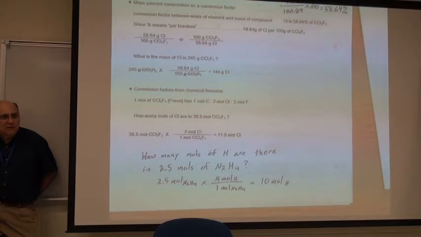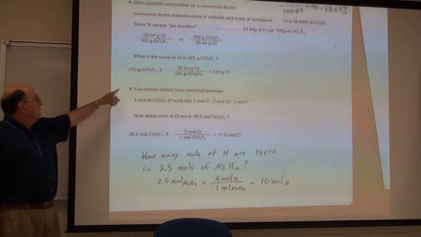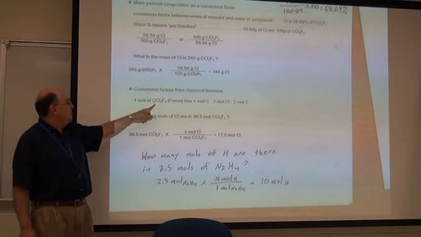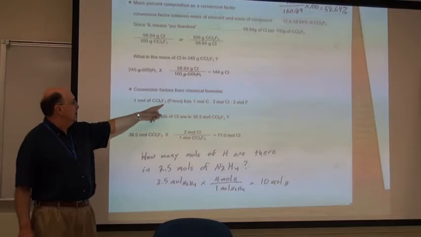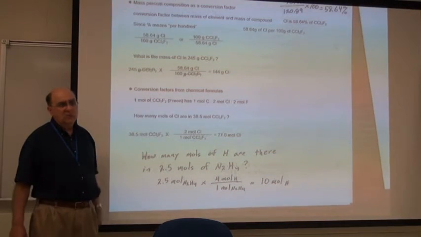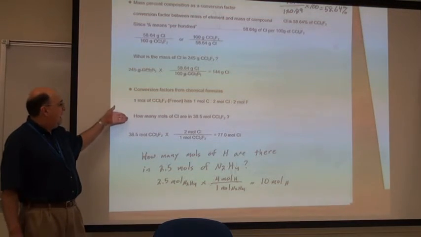Okay, all right. The same way with this. No different. Okay, so 1 mole of this means that we've got a mole of carbon, 2 moles of chlorine, and 2 moles of fluorine. Okay. All right. So how do you use this?